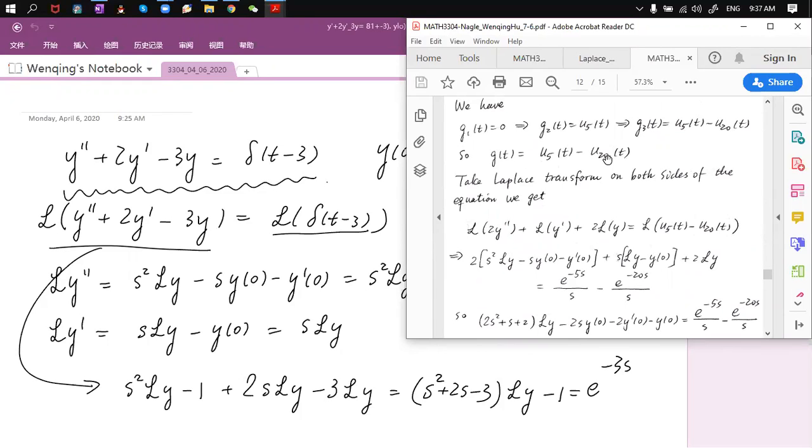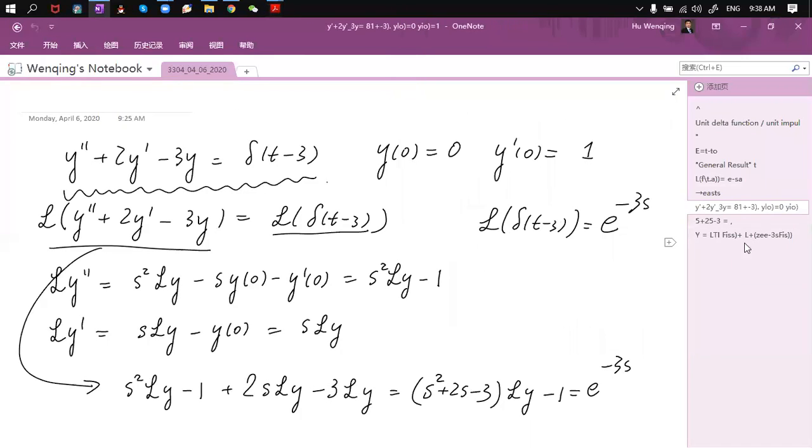This is very typical for any of your exams: when you start the exam, the first thing you would like to do is to transform your target function on the right-hand side into a sum or linear combination of unit step functions. Once you have this, the differential equation is transformed to something like this. Let me write it somewhere.